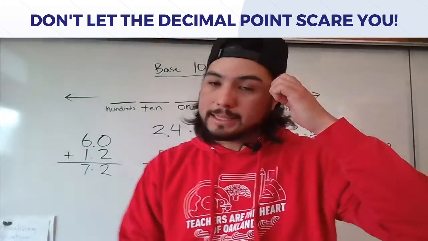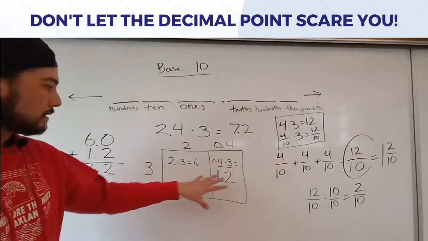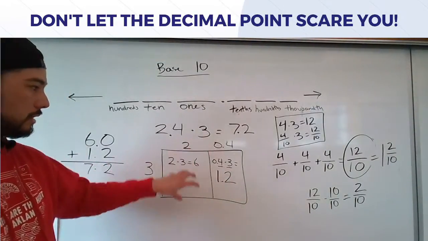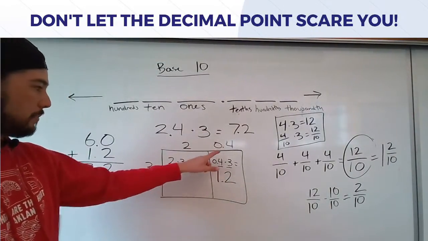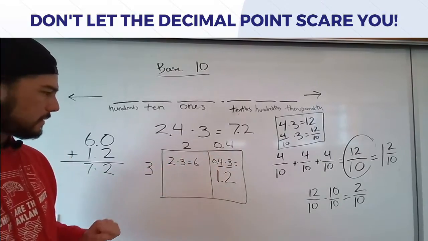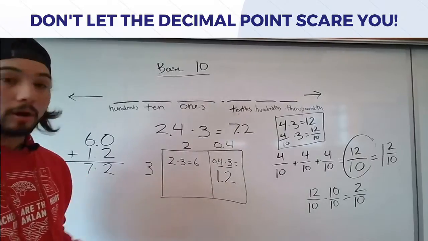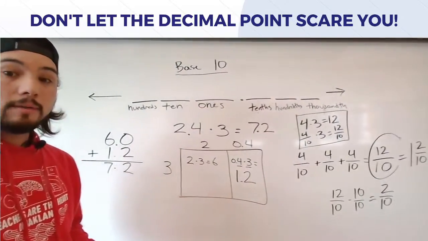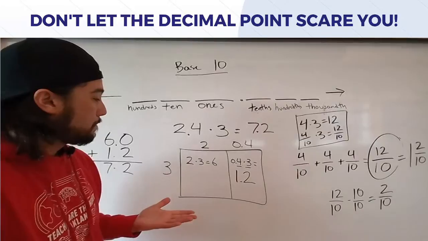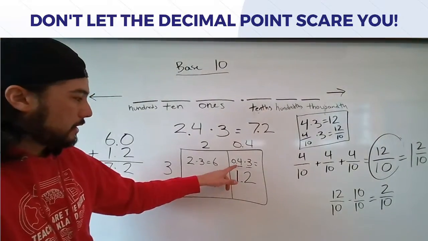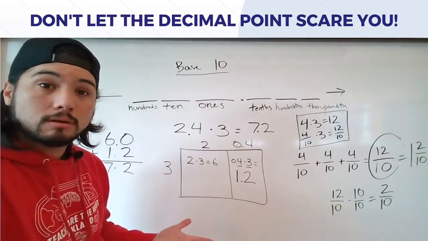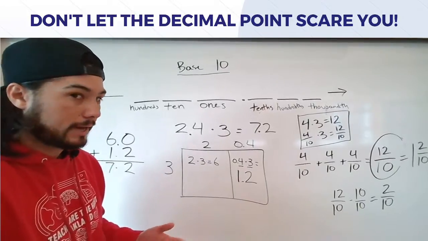For now, let's think about this kind of idea here of using our area model, splitting it up into tenths and whole ones, and then adding those partial products, right? And because we have familiarity with converting these into fractions, don't be afraid to use that, okay?